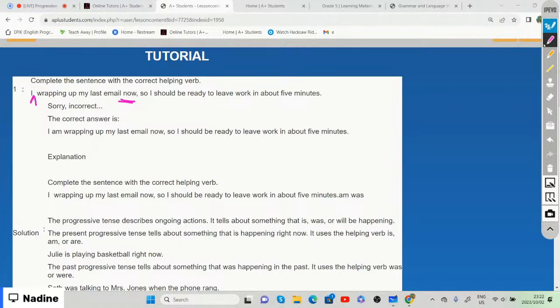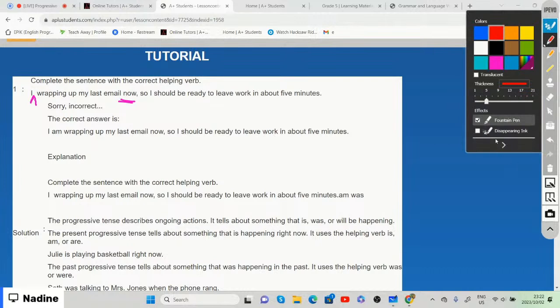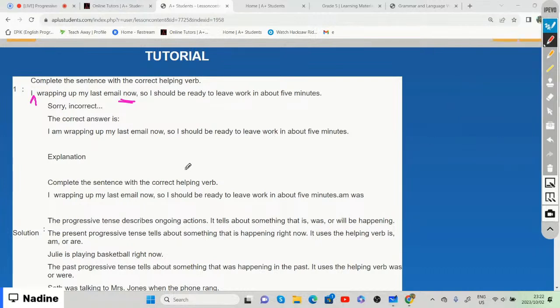All right, so if we were to choose firstly the correct tense, then we can say that this is happening in the present, which is happening now, right? Then we need to use the correct helping verb. We need to choose between these ones: is, am, are.